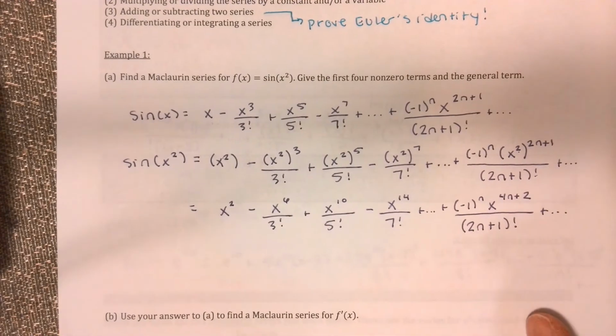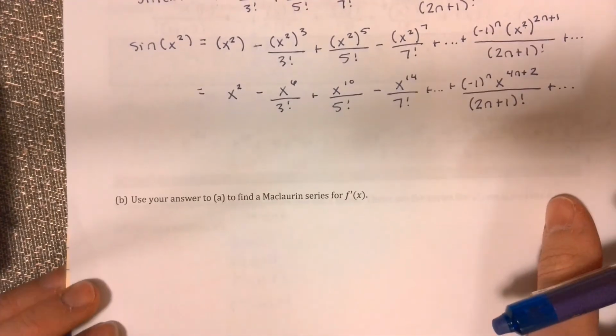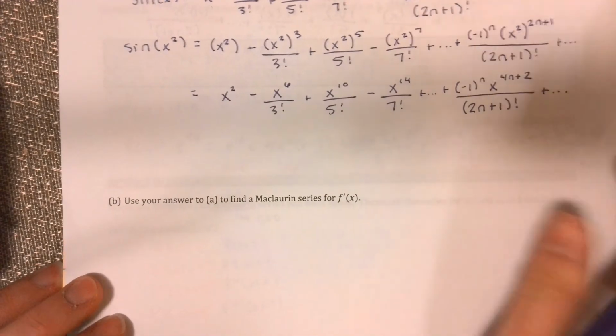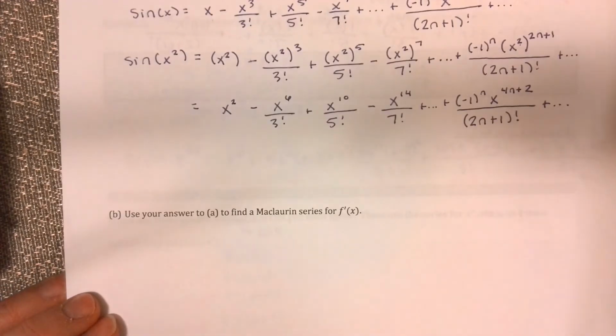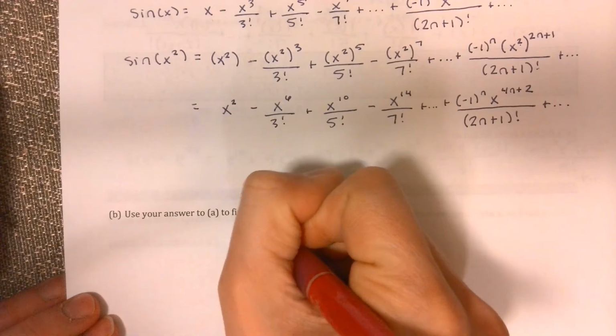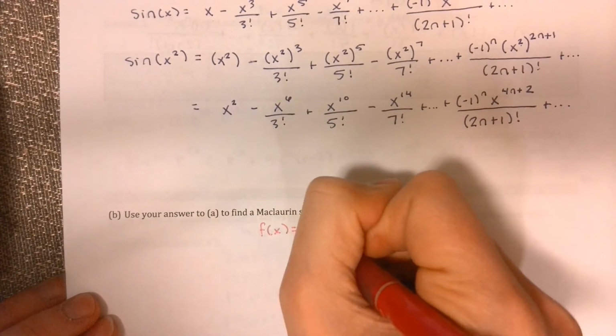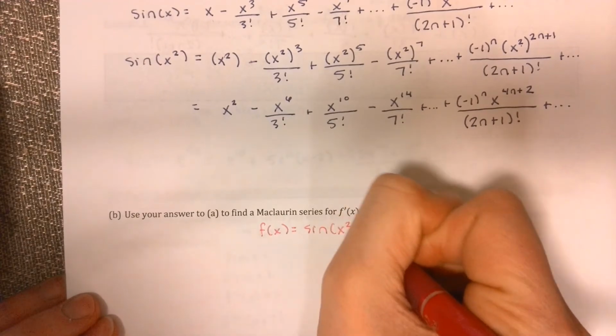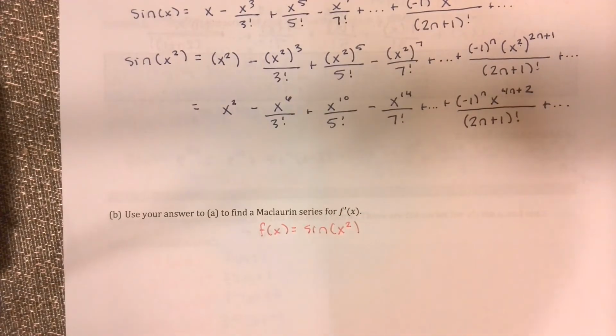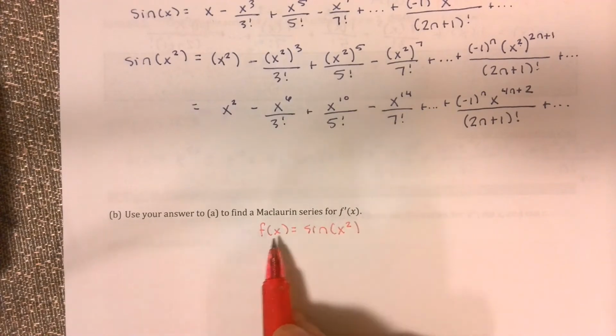If I would like to find a Maclaurin series for the derivative f prime of x, which, remember, f of x is sine of x squared. So we want to find a Maclaurin series for the derivative of this. Well, in order to find f prime of x from here, I would just take the derivative.